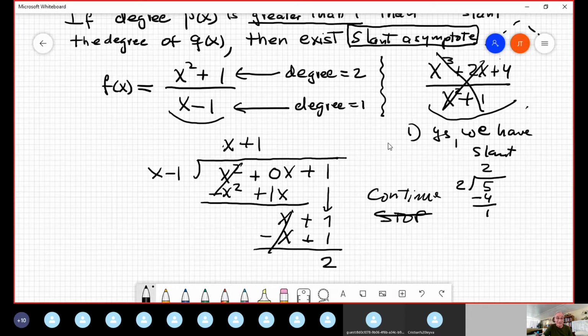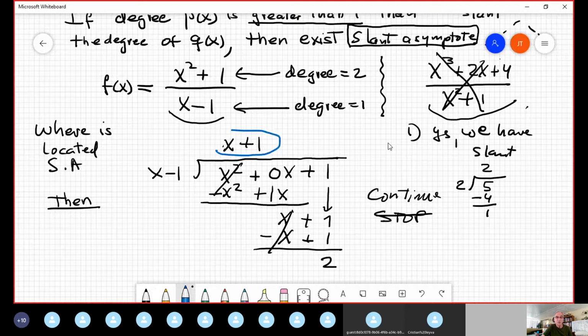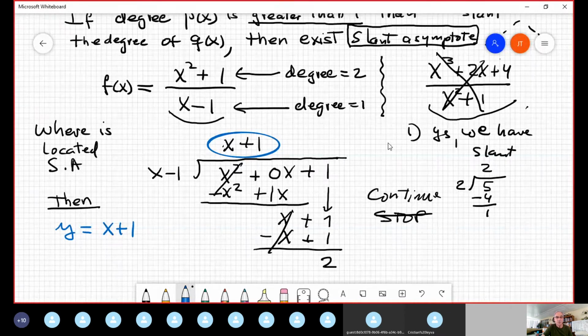Then the answer to the second question, where the slant asymptote is located: you take the quotient part. The slant asymptote is y equals x plus 1.